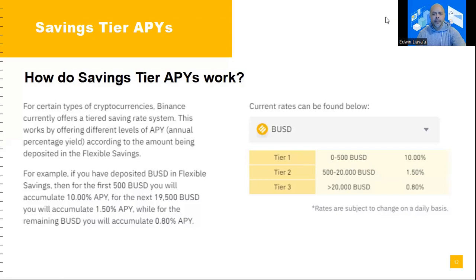On tier 2, between 500 and 20,000 BUSD, you earn 1.5%. On tier 3, above 20,000, you're going to earn 0.8%, right? So that's how it works. And it's important for you to understand this so you can understand the figures provided by the platform as you go along and try to figure out the amount of interest that you're earning.